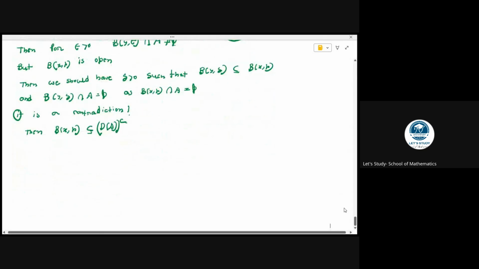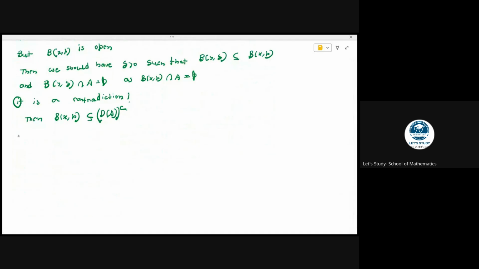If we combine these two cases, we get that B of x comma r lies inside A complement intersection DA complement. So A complement intersection DA complement is actually open. Hence A union DA is actually closed.